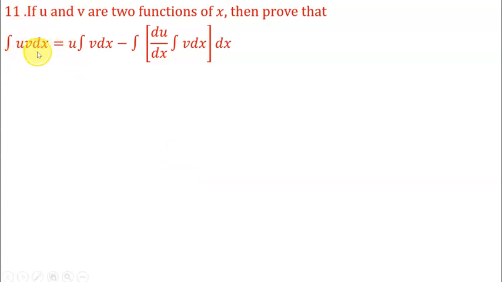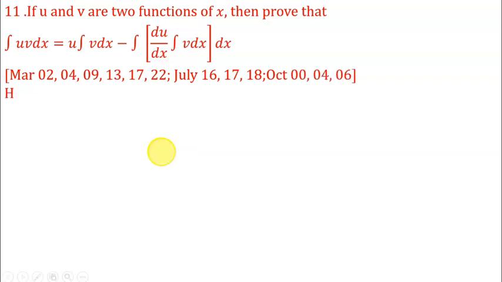The integral of u into v into dx is equal to, this is the formula for integration by parts, u into integral of v minus integral of derivative of u into integral of v. This theory bit question is asked in a number of examinations. Therefore, this is very, very important. And hence evaluate integral x into e raised to x into dx, asked in the July 16 examination, and it is also given in the textbook.